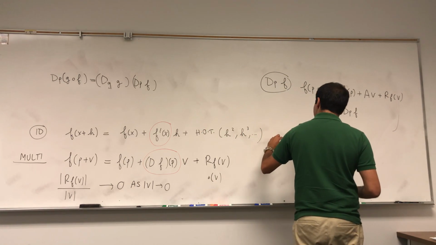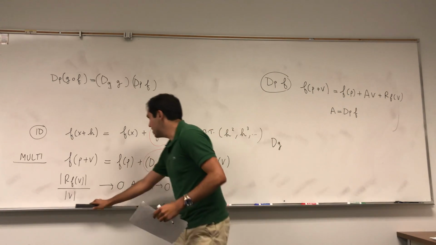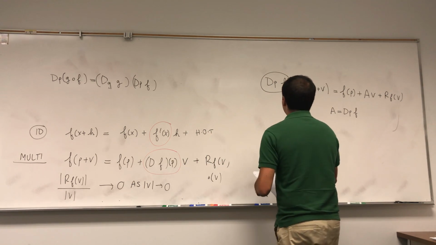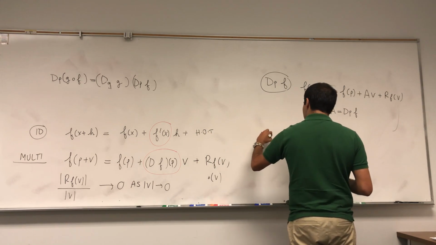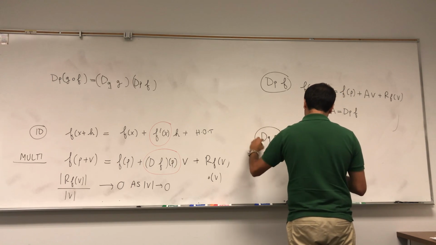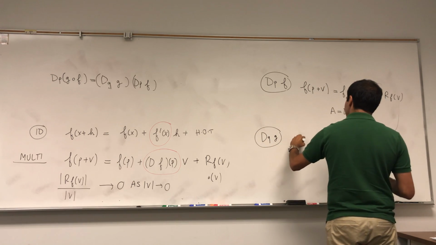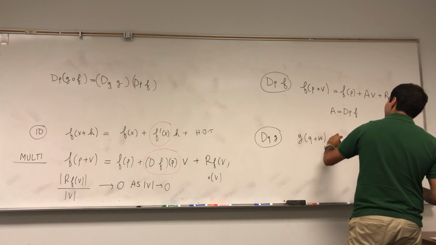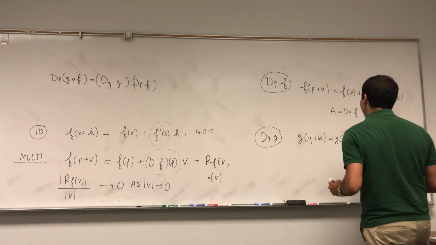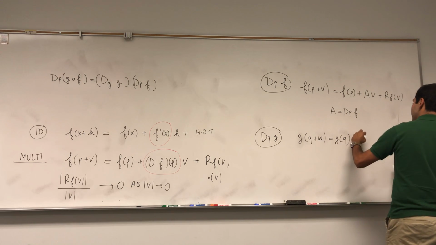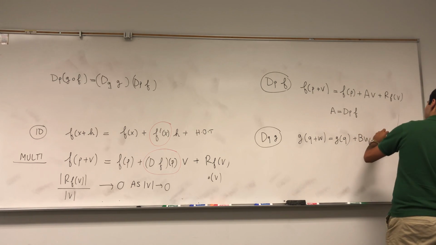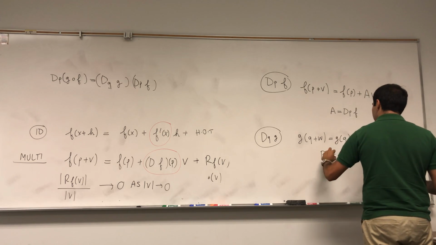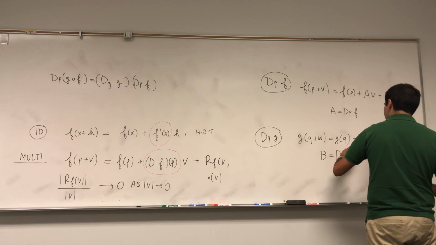And now we can do the same with q, with g, so d_q g. What do we have? We have g of q plus w equals g of q plus B w plus some remainder term R_g of w, where here B is d_q of g.